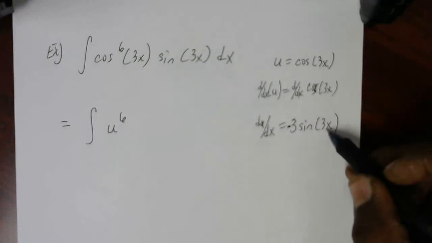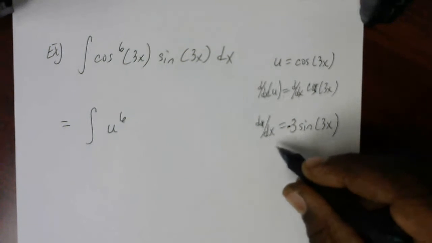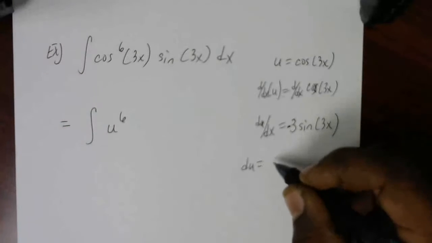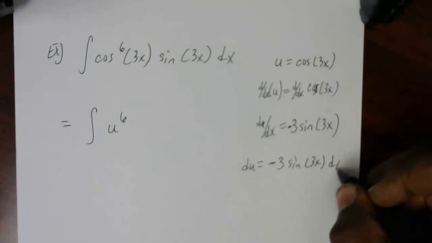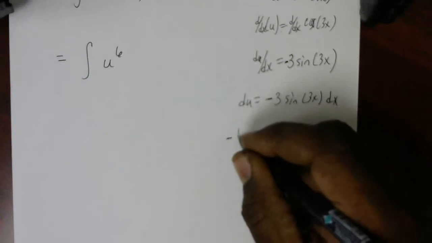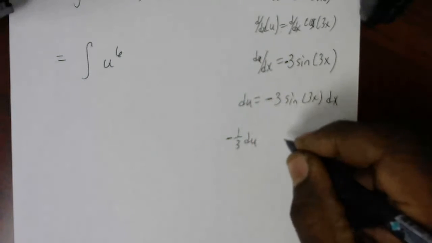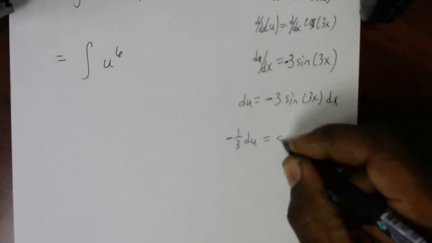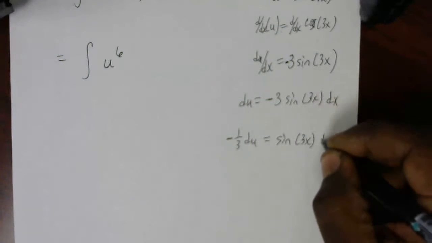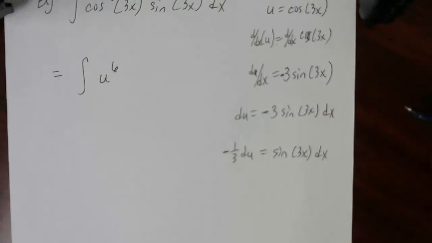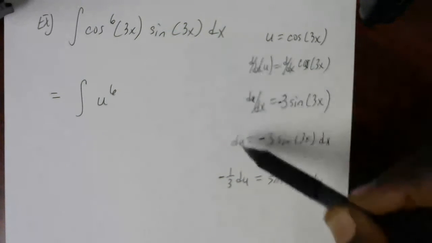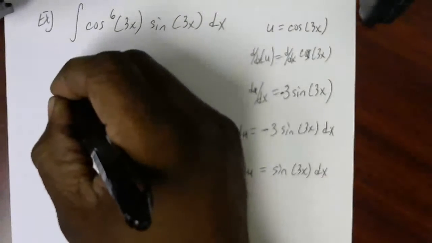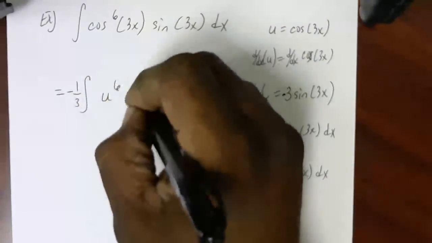I'm going to solve this for the sine of 3x. Multiplying both sides by dx, du is equal to negative 3 sine 3x dx. Dividing both sides by negative 3, negative 1/3 du is equal to the sine of 3x dx. This allows me to substitute sine 3x dx for negative 1/3 du.